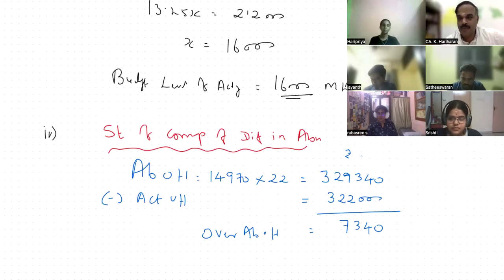Long back I gave an example. If I am a college professor, first period I take BCom A&F, next period MCom, next MBA. But irrespective of the class, my remuneration is the same as a college professor.